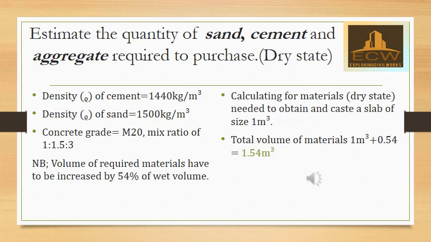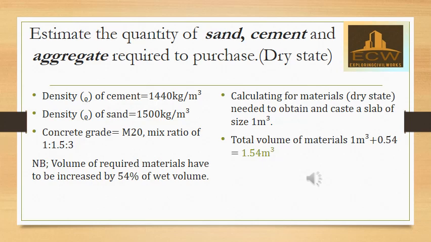So let's do it for 1 cubic meter of slab. But before then, you have to bear in mind some parameters. The density of our cement, which will be used during our calculation, is 1440 kilogram per cubic meter. The density of our sand and aggregates is between 1500 to 1600 kilogram per cubic meter. It depends, so we are going for 1500 kilogram per cubic meter. We are choosing a concrete grade of M20.